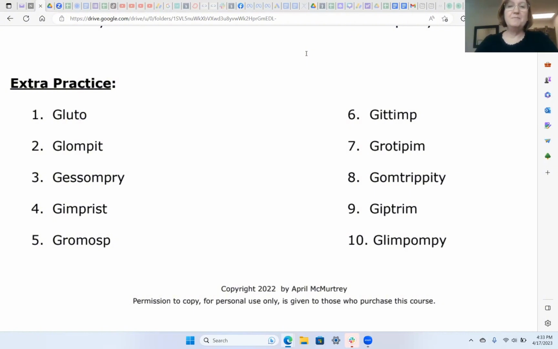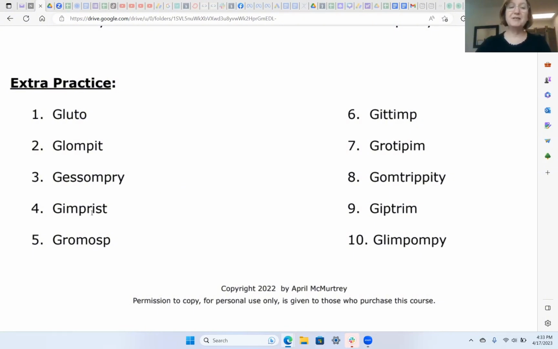So number one is gluto. Number two, glompit. Number three, jessompre. If you have any questions about any of these, why I said a certain sound for a certain letter, please let me know.